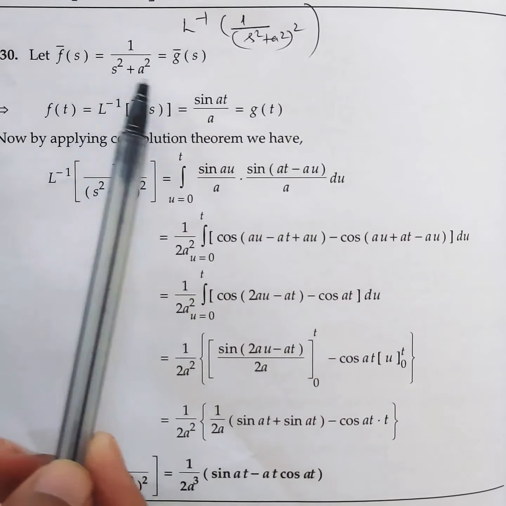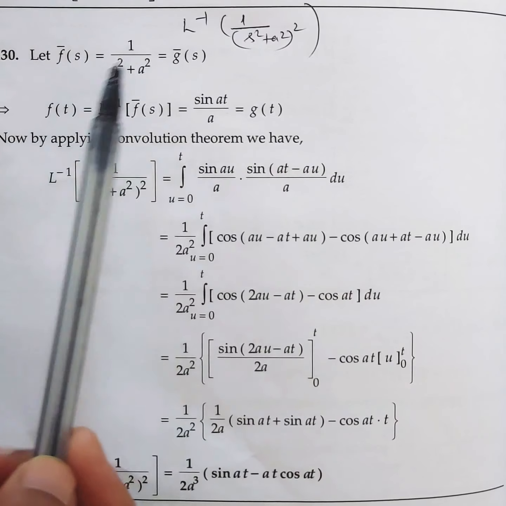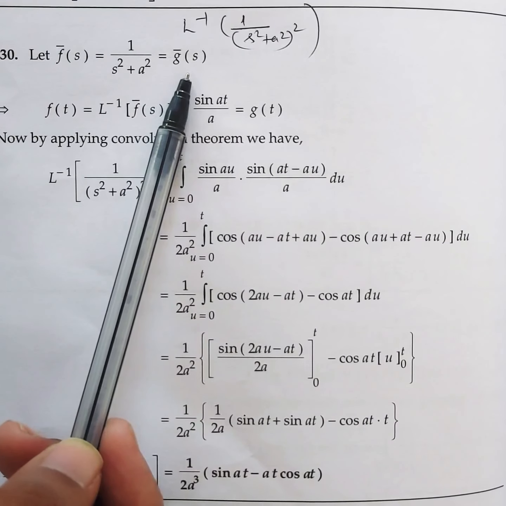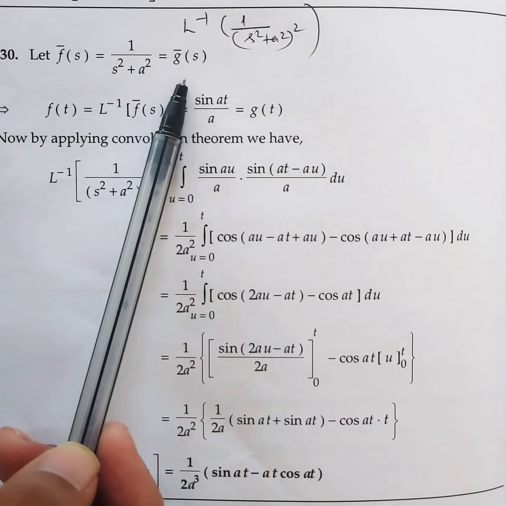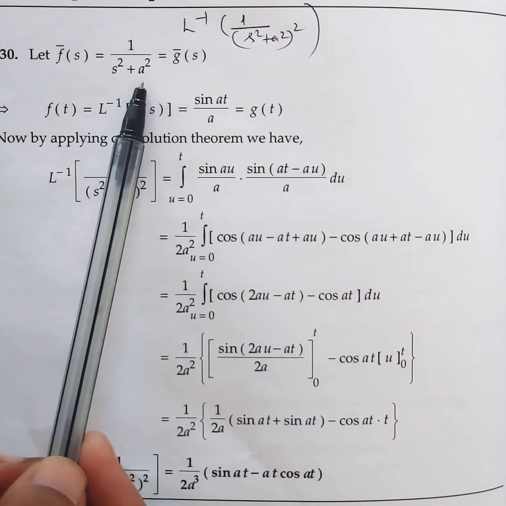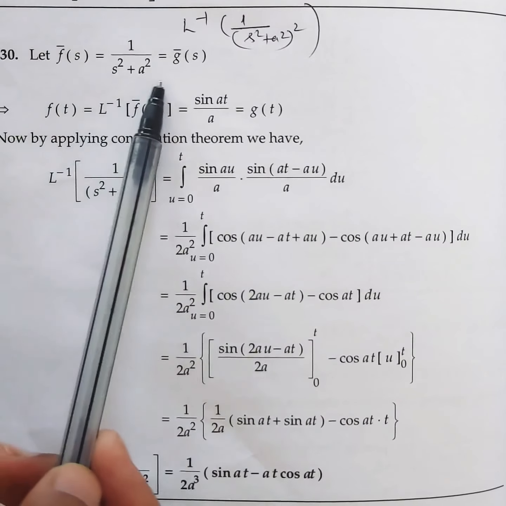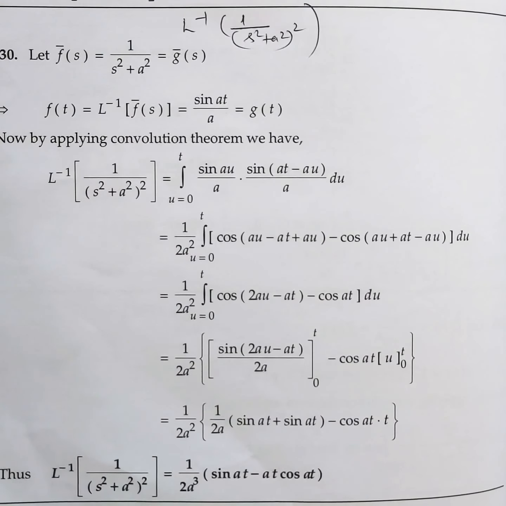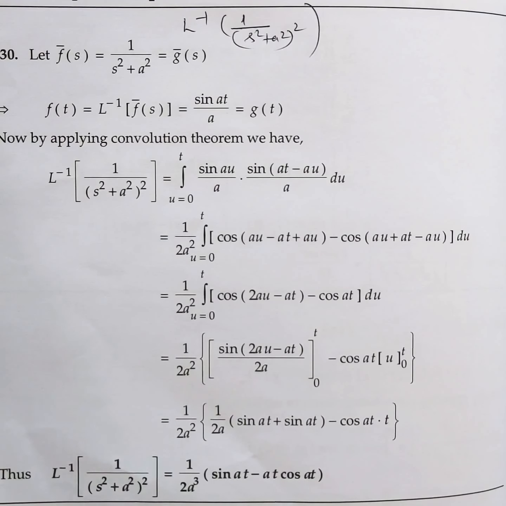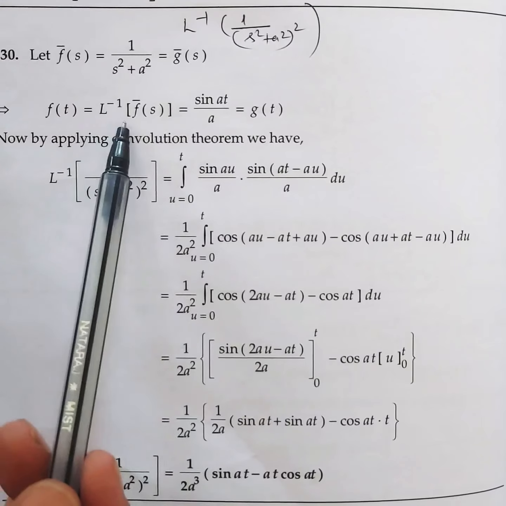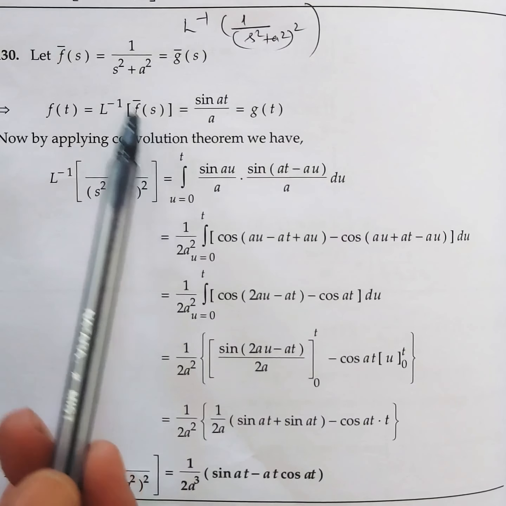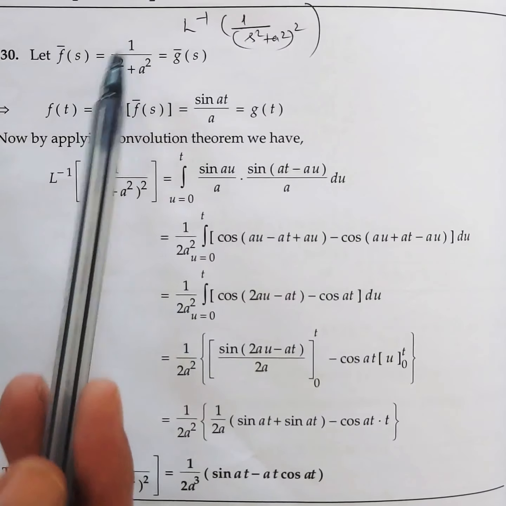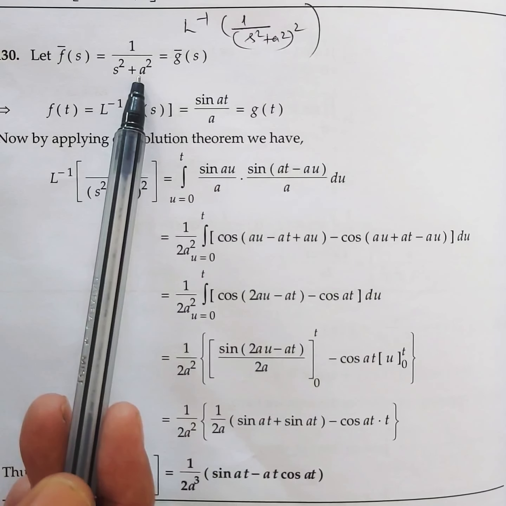So now we have split this into two functions. We know what f bar of s is, we know what g bar of s is. Now what we have to find? We have to find the inverse for this. In this problem it's very easy, both the functions are the same. If I find the inverse once, then it's applicable for both the terms. So L inverse of f bar of s. What is this formula? a by s square plus a square is sin at.